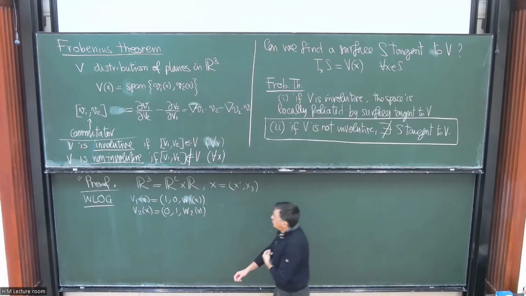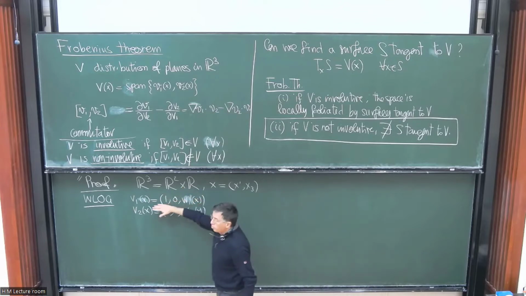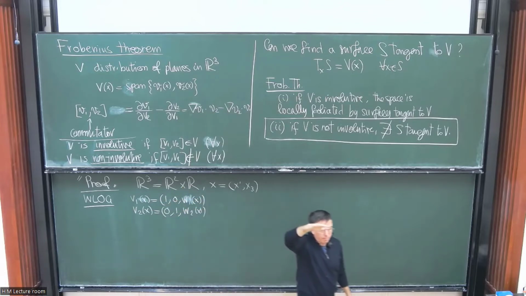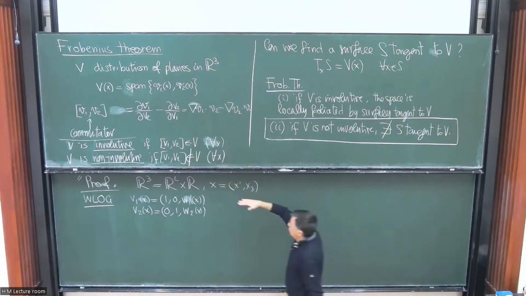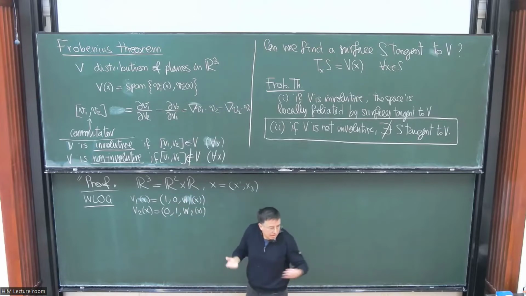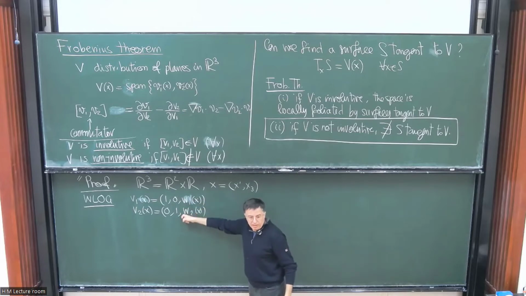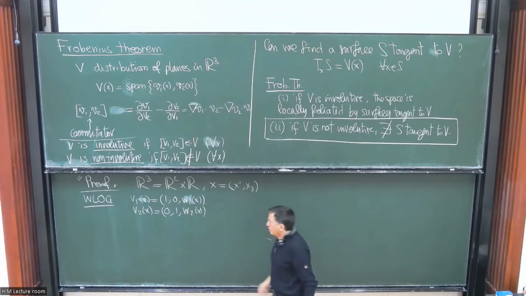Okay, without loss of generality means that I'm actually assuming that my distribution of planes is not orthogonal to the horizontal plane, but locally it's safe to assume so. Okay, and then I write it specifically as the span of these two vectors, which I can do.